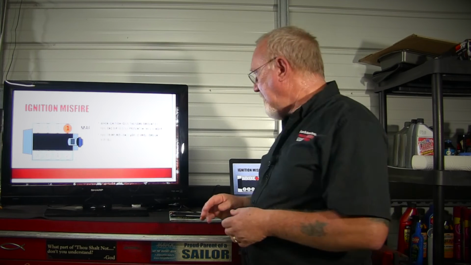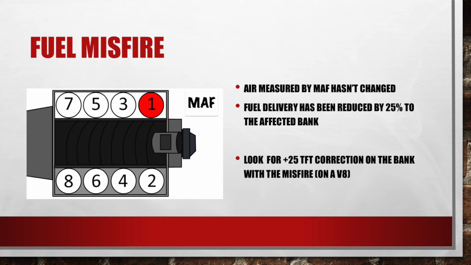Okay? What if we looked at the fuel system? Okay, again, did the air change going through the system? No, that's still the same. What about the fuel? Well, the fuel did change, didn't it? Because cylinder number 1 didn't get any. If the injector totally failed and there's no fuel going into that cylinder, then cylinder 1 didn't get any fuel at all.